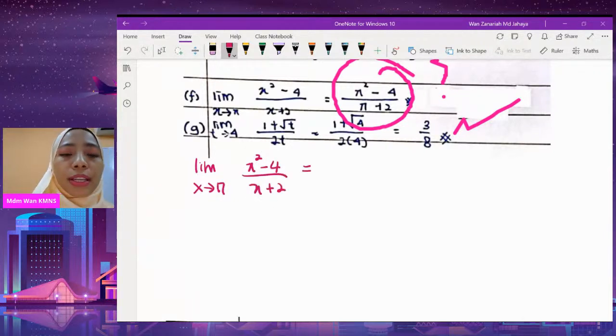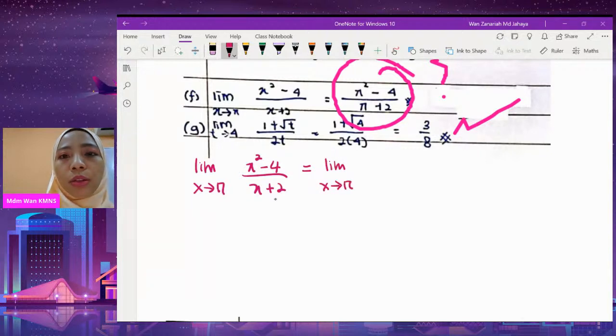Okay, so first step, pi square, is it? Pi square minus 4 over pi plus 2. Okay, yalah dah tulis dah tadi. So what you do is limit x approaching pi.